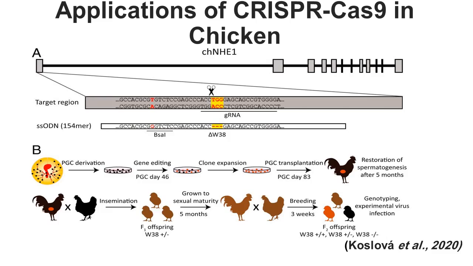They derived primordial germ cells from a line susceptible to avian leukosis virus. Then they introduced a change into chicken NHE1 at a tryptophan amino acid residue that plays a critical role in virus entry, making the chicken resistant to the avian leukosis virus.